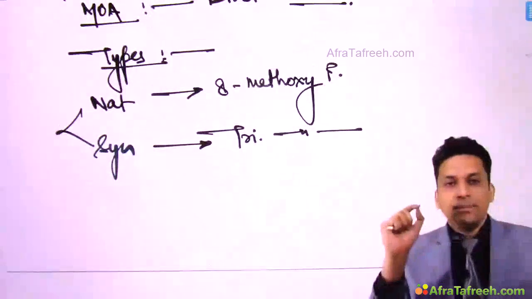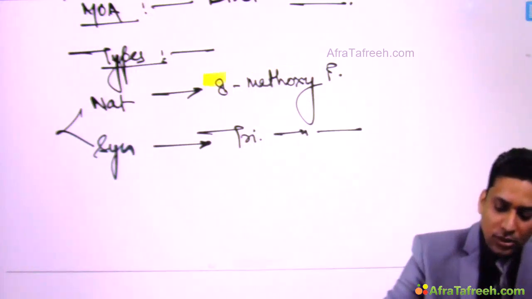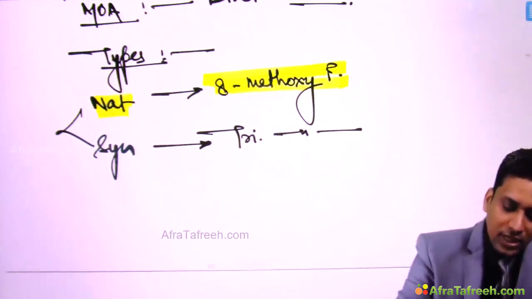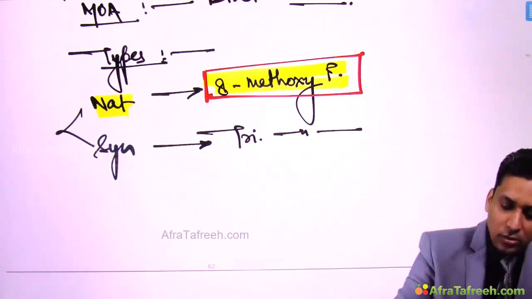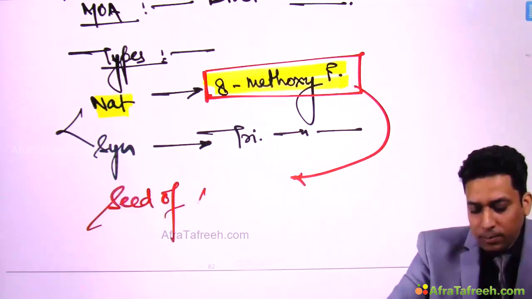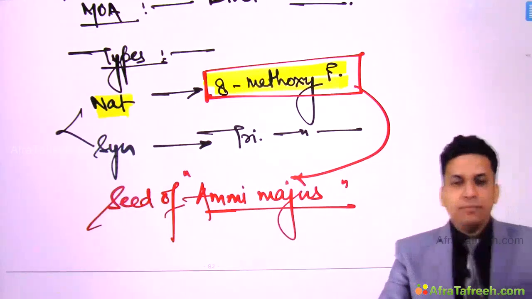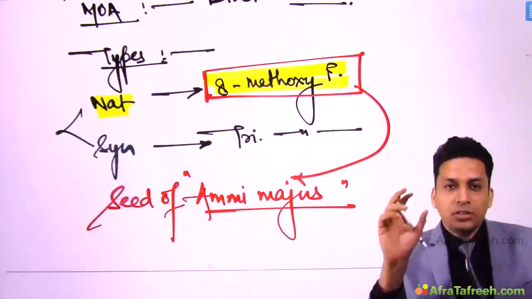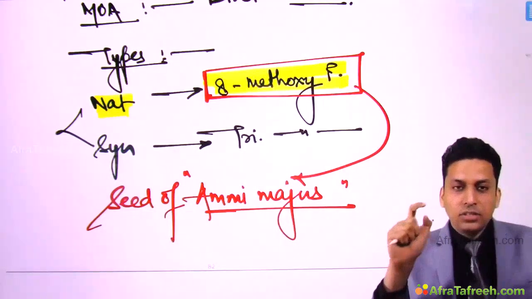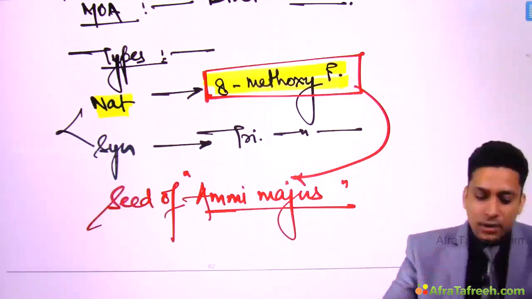So these are two examples of Psoralen. As I told you, this is natural Psoralen. Since this is natural, it might have plant origin. This is derived from the seeds of a plant known as Ammi majus. So seeds of this plant have this 8-methoxy Psoralen. Okay, so 8-methoxy Psoralen is a natural Psoralen, while trimethoxy Psoralen is a synthetic Psoralen.